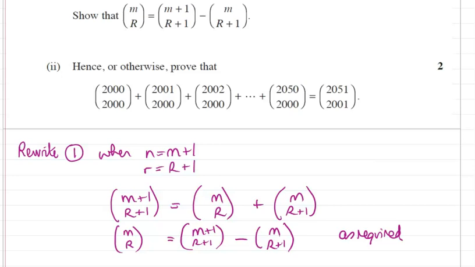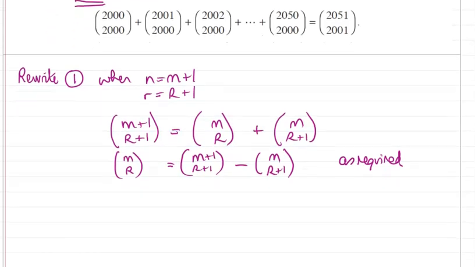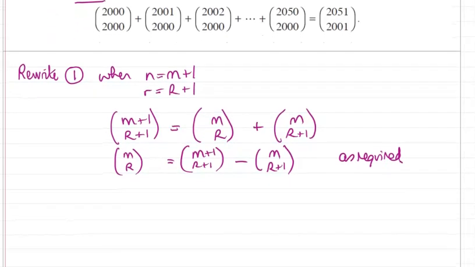Okay, let's focus on part 2. Hence or otherwise prove this relationship. All right, so I'm certainly going to be relying on the hence. It's going to be useful to use the relationship I worked out before. Okay, so let me just remind myself what I need to prove.